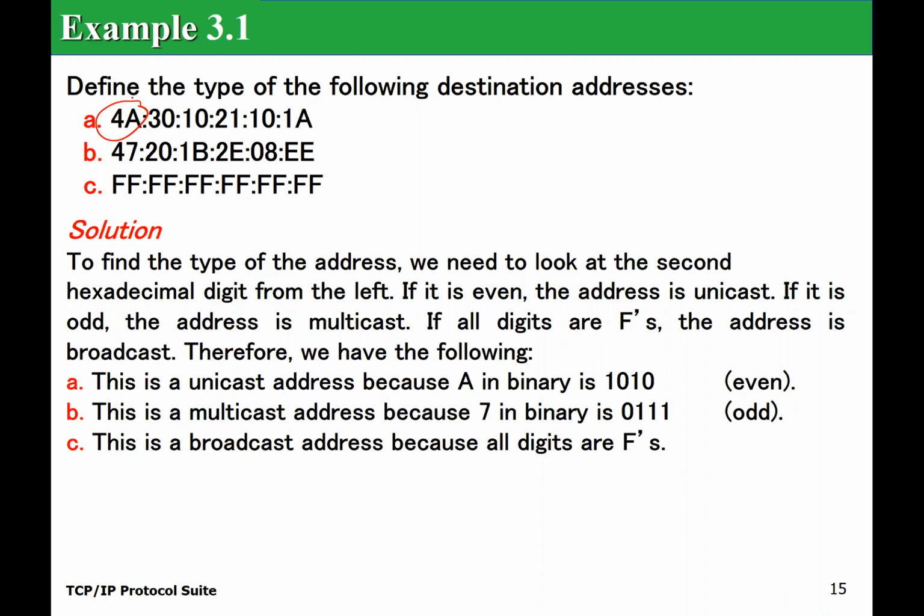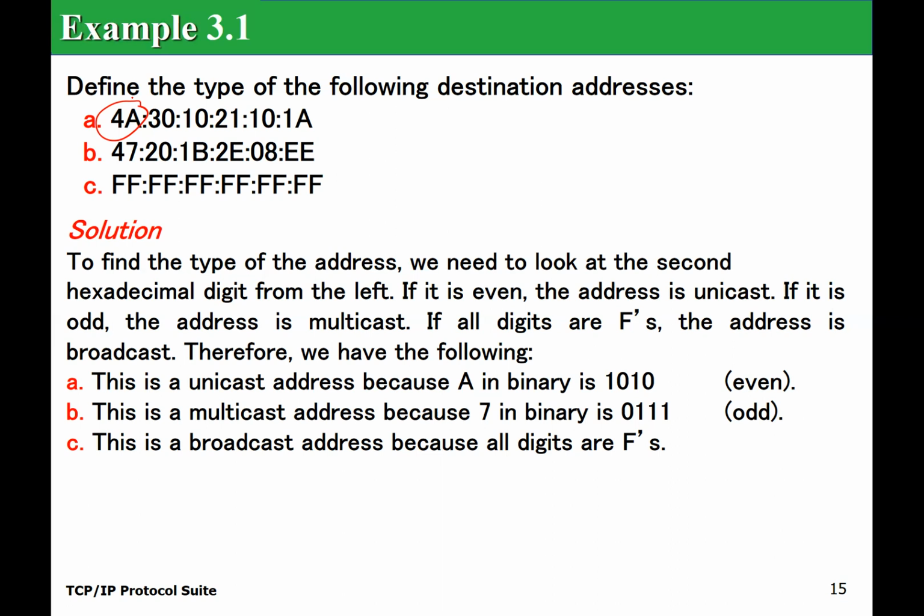47. I'm sorry, guys, I made a mistake. It's not the first hexadecimal digit, it's the first 8 bits. All right, so the A is 1010. So that's unicast.